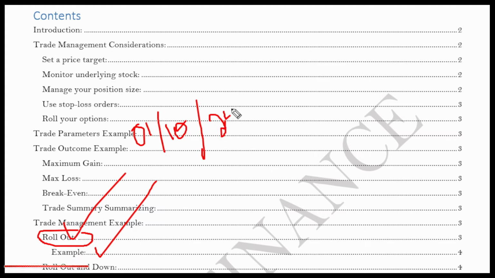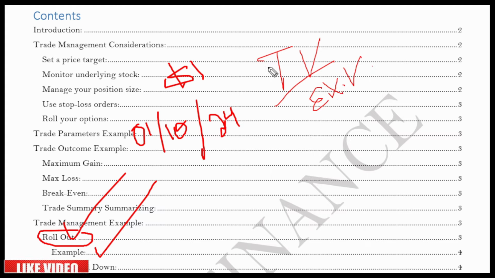Rolling out is one of the most common ways we can do it. Why? Because the further in time, let's say for example today is 1st of October 2024. If we were to close a naked put today, let's say we pay $1 to close this trade, we are going to have more time value, in other words extrinsic value, in a further date naked put option.